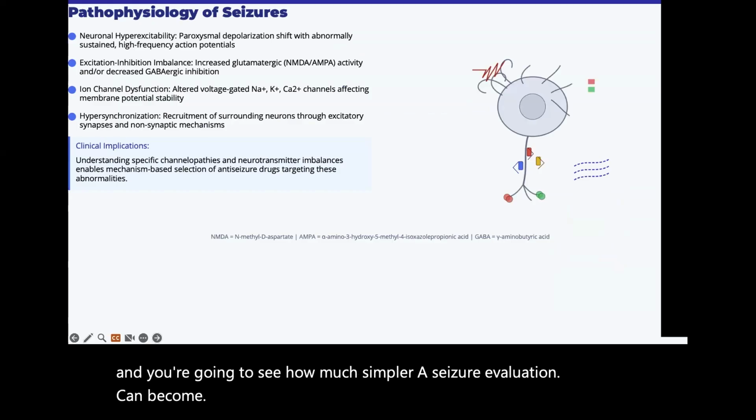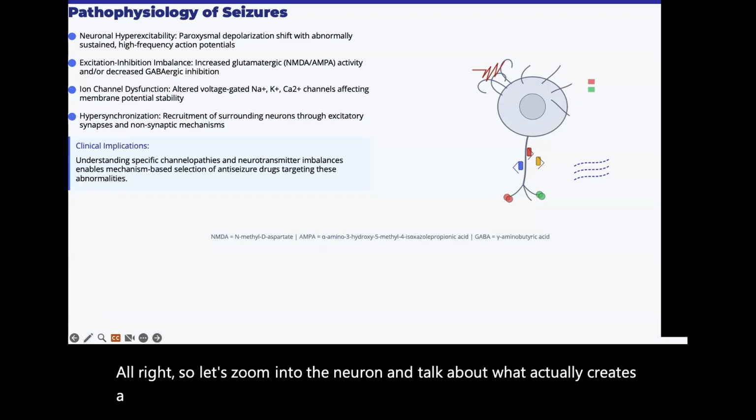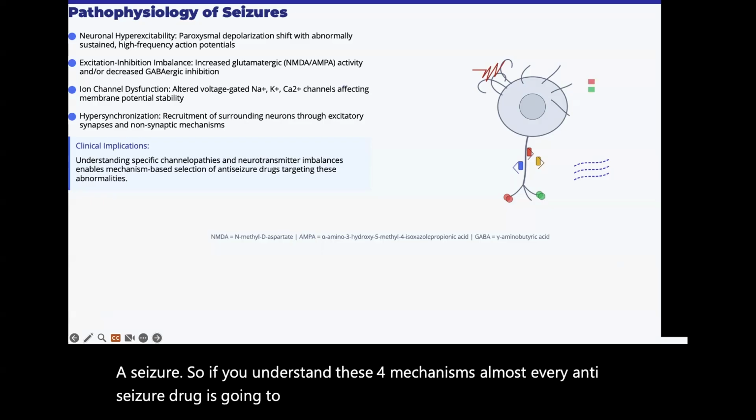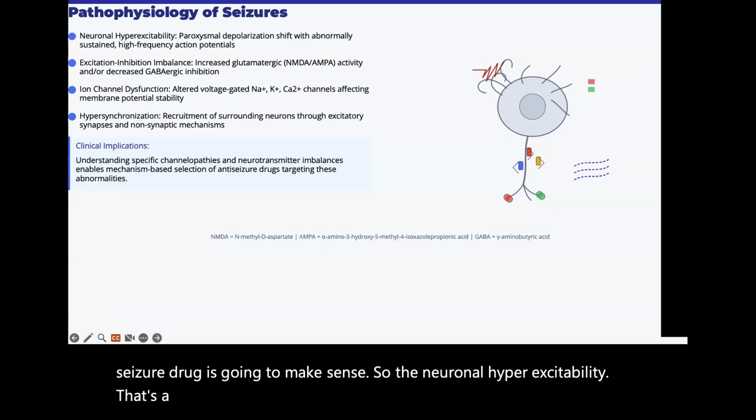All right, so let's zoom into the neuron and talk about what actually creates a seizure. If you understand these four mechanisms, almost every anti-seizure drug is going to make sense. So the first is neuronal hyperexcitability, a seizure that begins with paroxysmal depolarization.